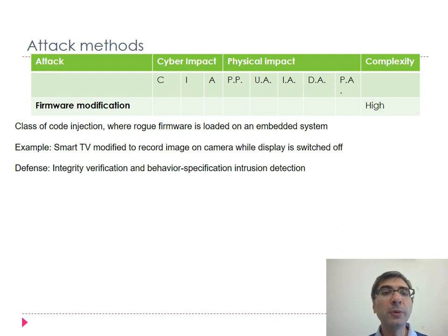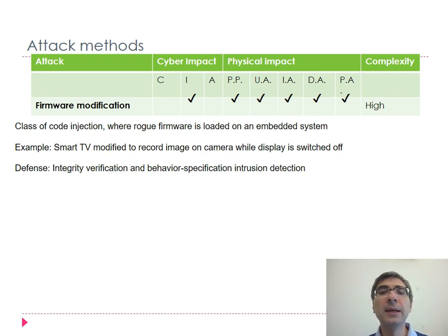In terms of firmware modification, this can affect pretty much anything, but I would say the primary target is integrity, because it doesn't do what it is meant to do, and we can see it as a class of the code injection type of attacks, where it is rogue firmware that is loaded on an embedded system.